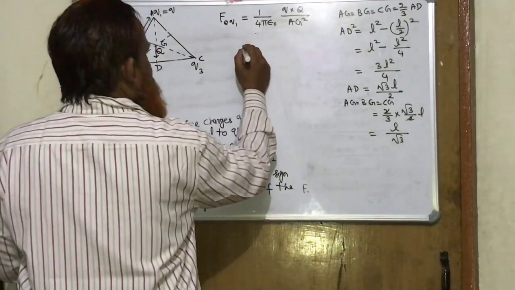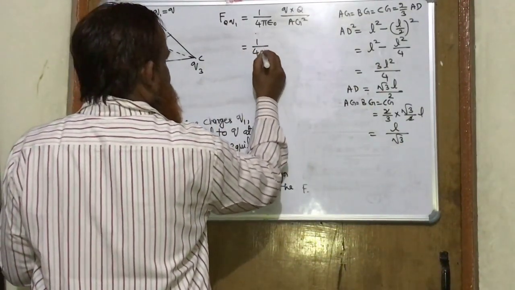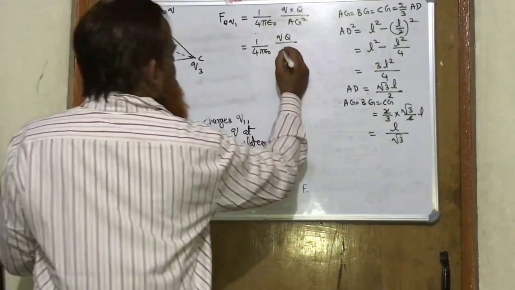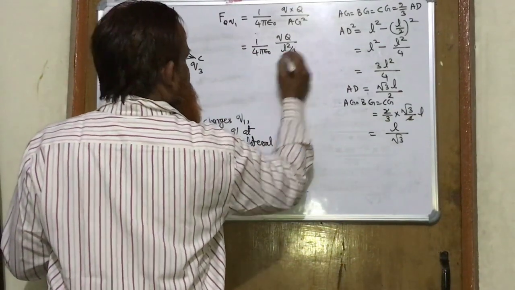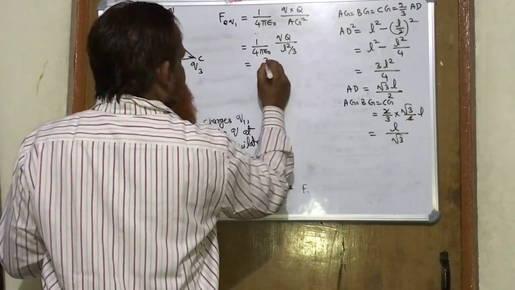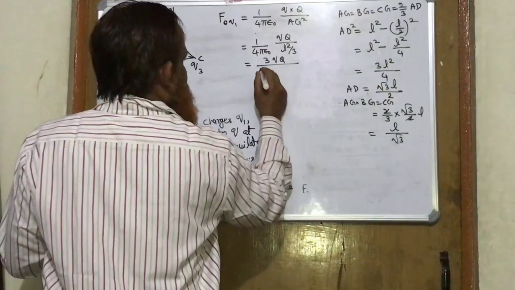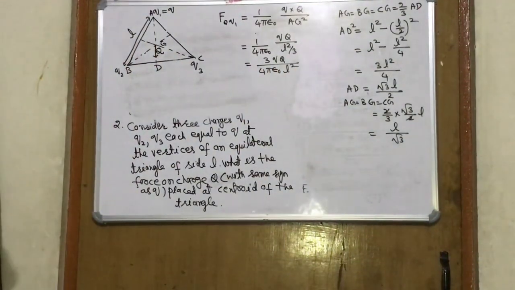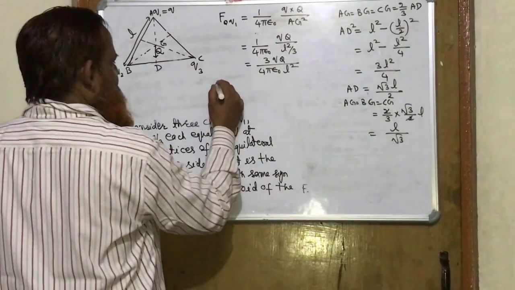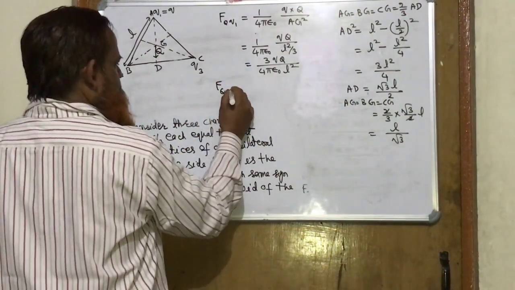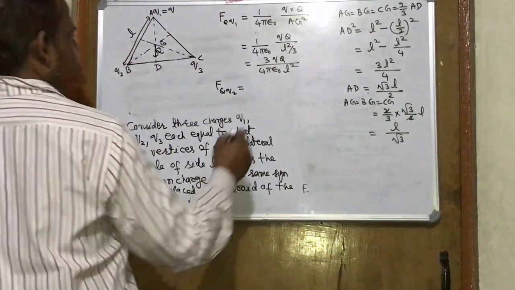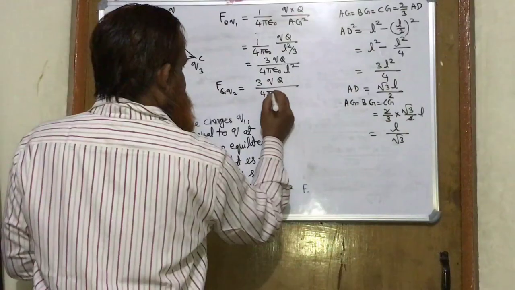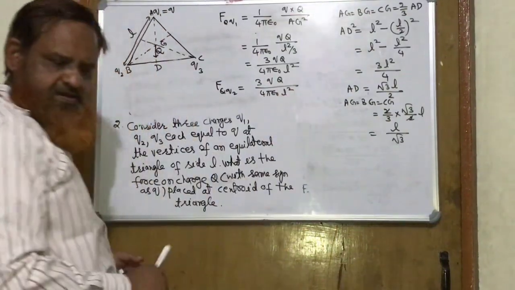So the force will be 1 upon 4 pi epsilon naught, Q square by L square by 3, or we can write 3Q square by 4 pi epsilon naught L square. Similarly, we can find the force due to Q2. The magnitude is the same, 3Q square by 4 pi epsilon naught L square.